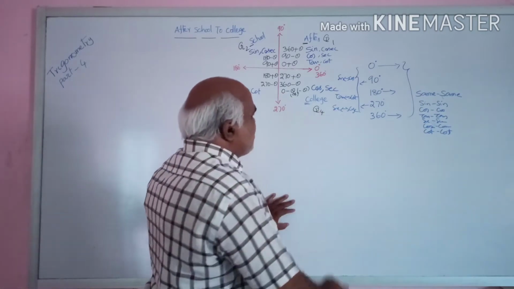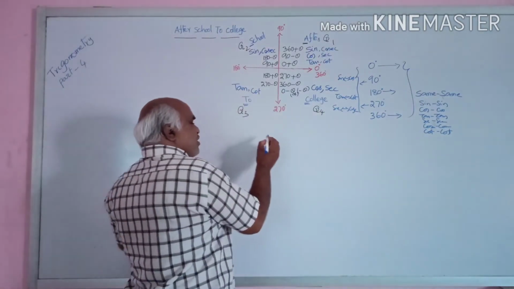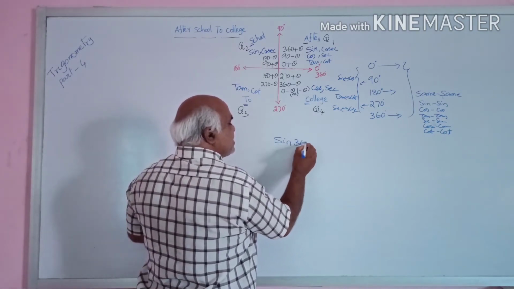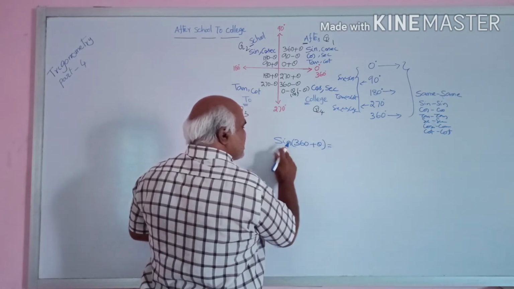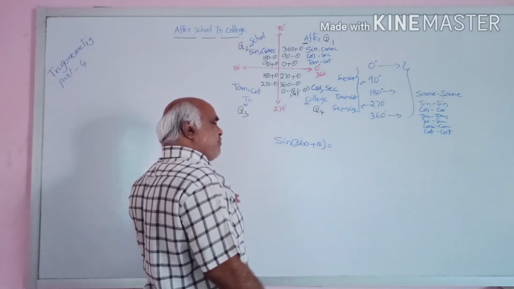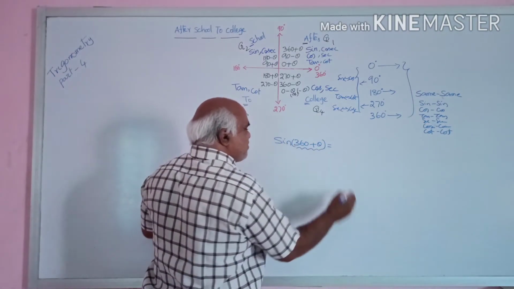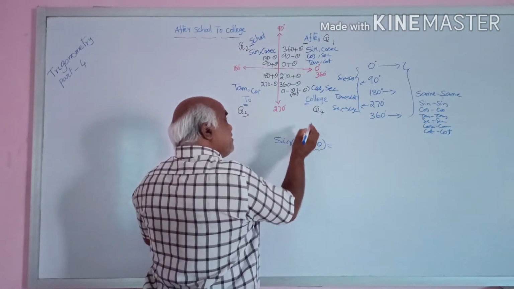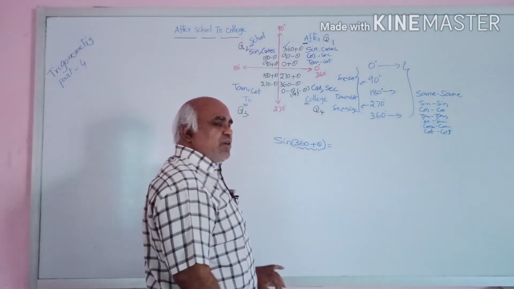By applying these values, you can find what is sine 360 plus theta. What is the value of sine 360 plus theta? For applying this, first you can see the value of 360 plus theta. 360 plus theta lies in first quadrant.